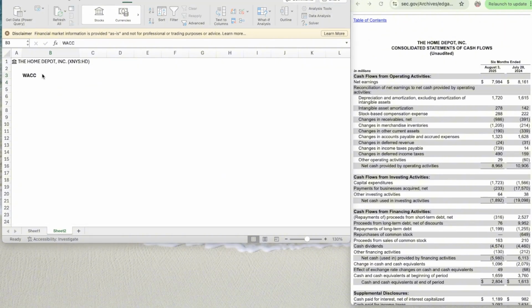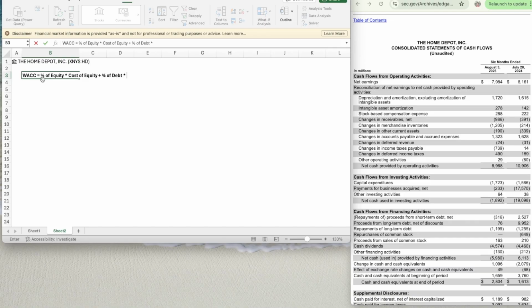So the WACC equals the percentage of equity multiplied by the cost of equity, plus the percentage of debt multiplied by the cost of debt multiplied by 1 minus the tax rate.